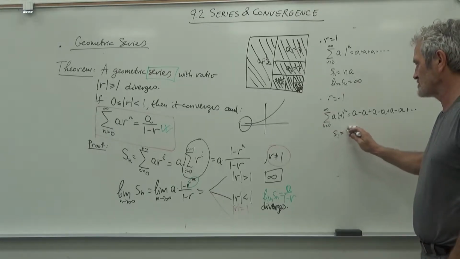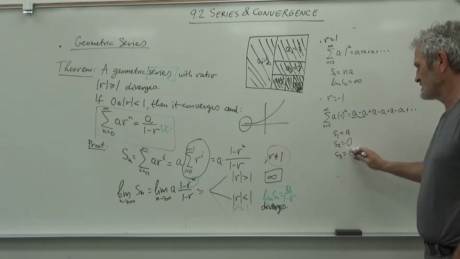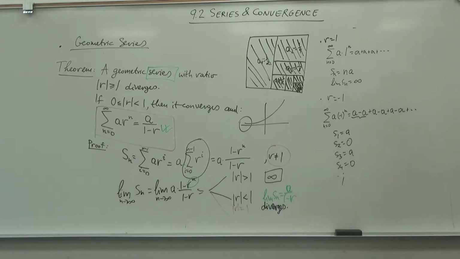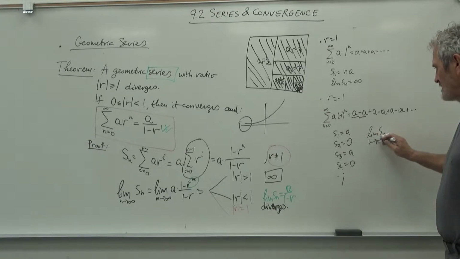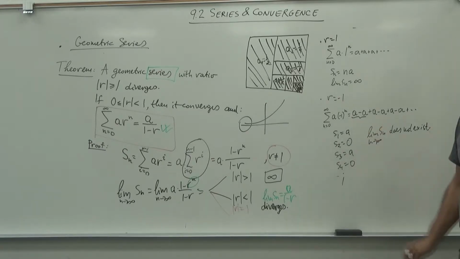Because S1 is just a. S2 is a minus a, which is 0. S3 is again a, S4 is 0, and so on. So what happens? Does the limit of Sn exist? It does not exist. Why? Because we have that alternating limit. I don't know if you remember from calculus 1.